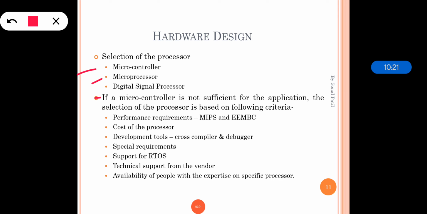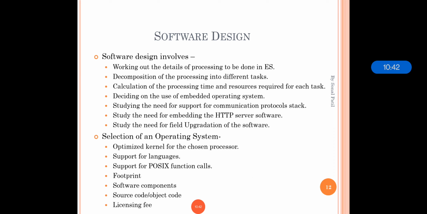Now, if microcontroller is not sufficient for the application, the selection of processor is based on the following criteria. That is, what are the performance requirements, means what speed you are expecting, cost of the processor, development tools, special requirements, support for RTOS, technical support from vendor, availability of people with the expertise, that is also very necessary.